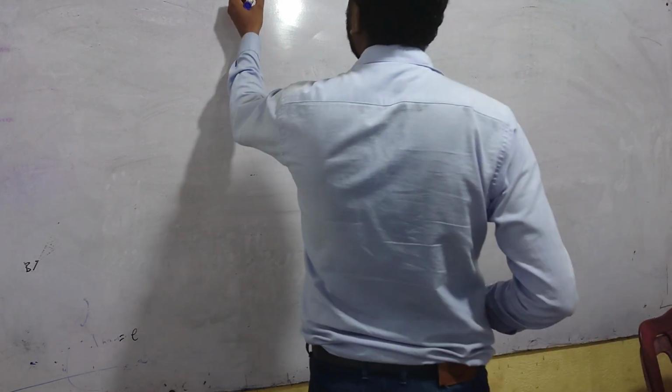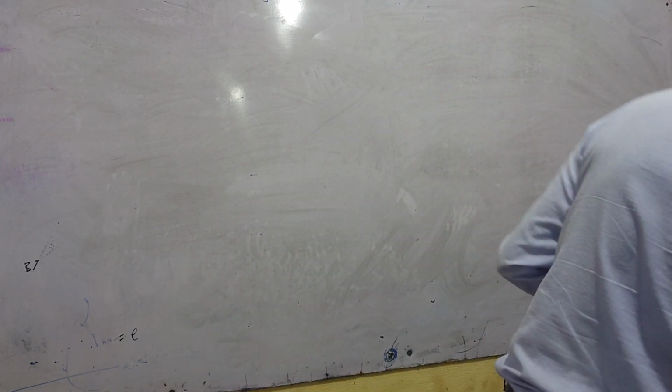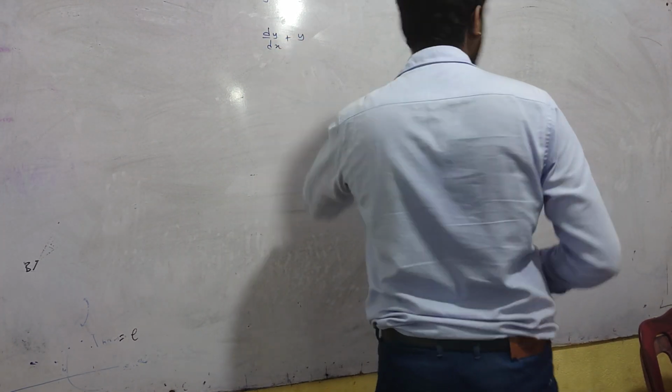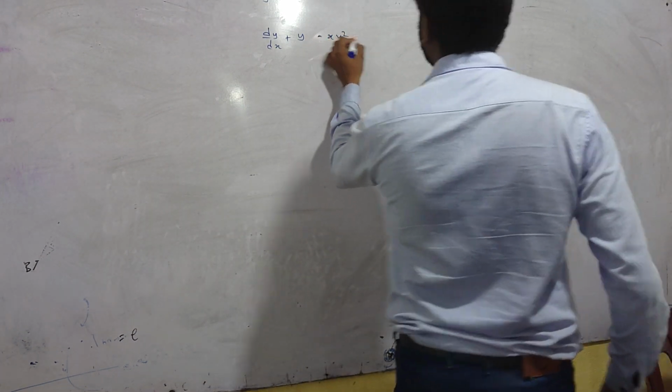Here's the substitution: t equals y squared, dy by dx plus y equals x y squared.